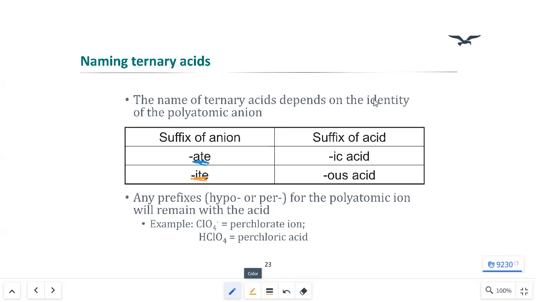Hypochlorite becomes hypochlorous acid. So if there's a prefix on the front, that prefix stays. All the hypos stay, they become hypo whatever ic acid. All the pers stay. Perchlorate here becomes perchloric acid. It just adds on.